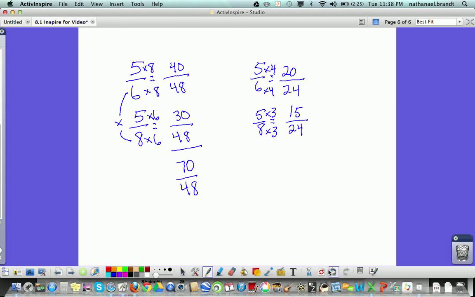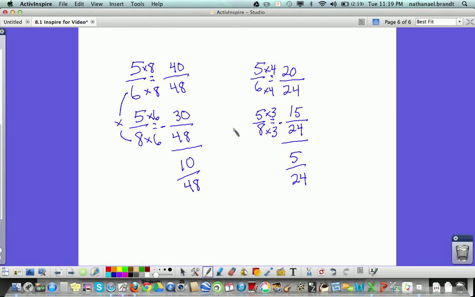Let's do a subtraction problem. We'll make our math a little bit easier here. So 40/48 minus 30/48 would be 10/48. Here, 20/24 minus 15/24 is going to be 5/24.